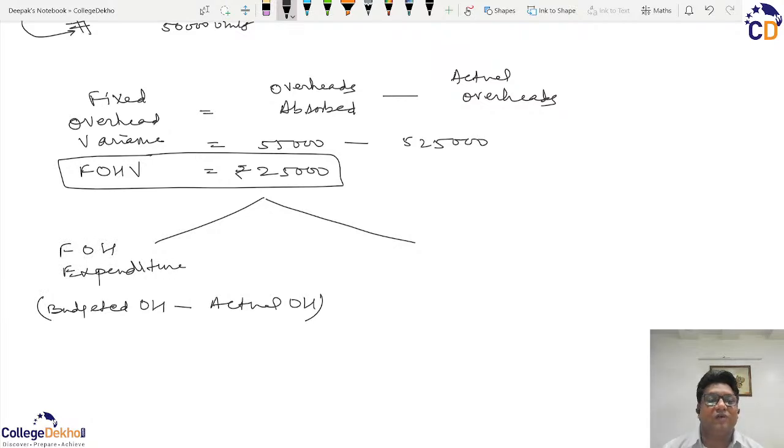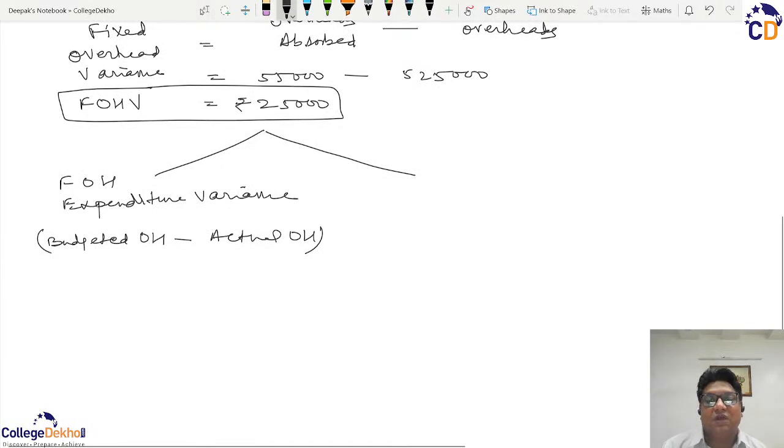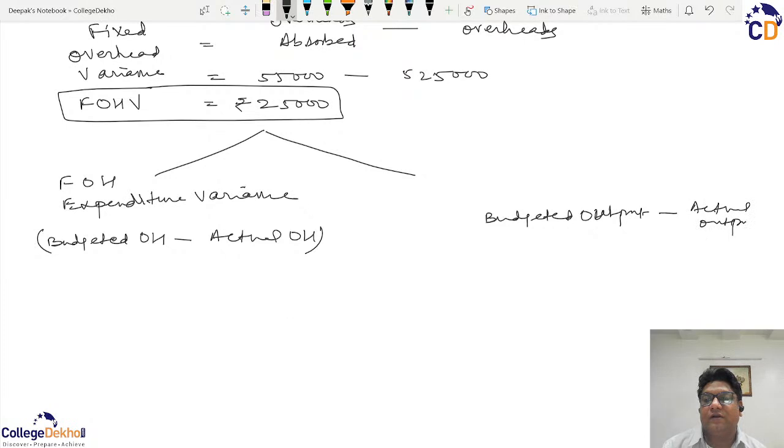And there is a difference in the output, that is, what you anticipated was the budgeted output and what you produced was the actual output, and if multiplied by the budgeted overhead absorption rate, then they will denote how they have changed.